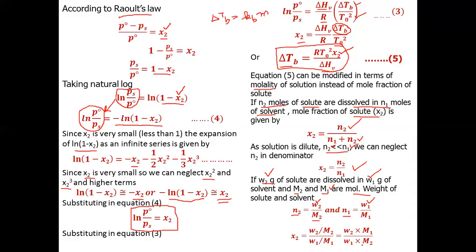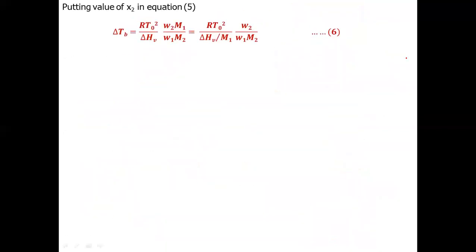Now putting this value of X2 in equation number 5, we get delta Tb is equal to RT naught square divided by delta HV, putting the value of X2, W2 M1 divided by W1 M2.